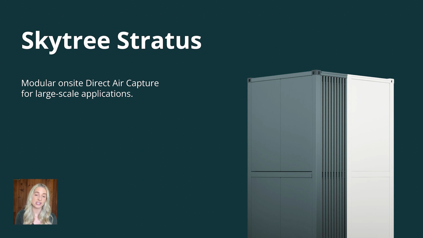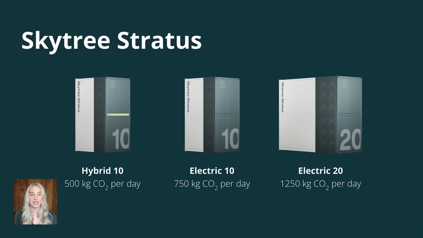The smallest Stratus unit produces 500 kilograms per day, and it is actually a hybrid unit, meaning that it runs off of both electricity and thermal energy. So if you have waste heat available within your greenhouse, you can actually utilize that to bring energy consumption down pretty significantly. Not to worry if you don't have waste heat available, we actually have two all-electric Stratus units available.